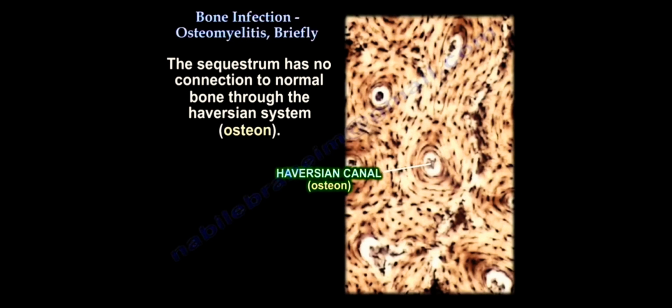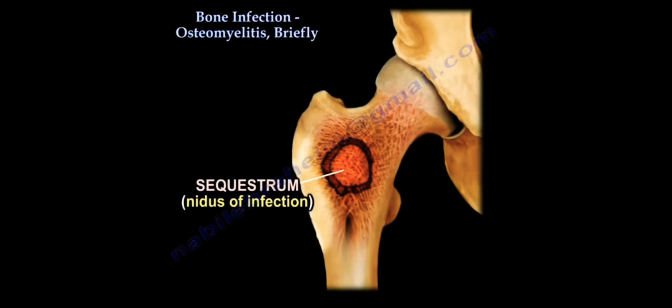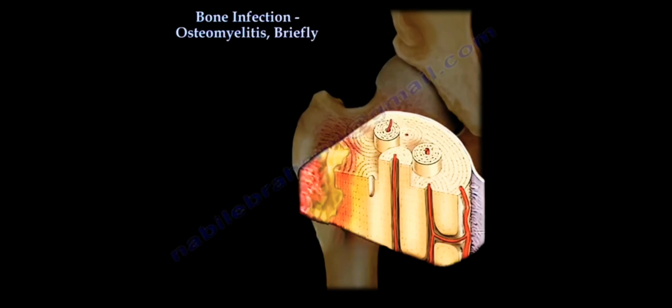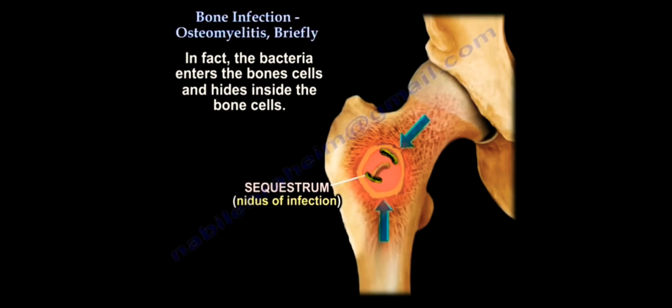Sequestrum loses contact with the normal blood supply in the Haversian canal. The avascular nature of sequestrum is very resistant to antibiotics.